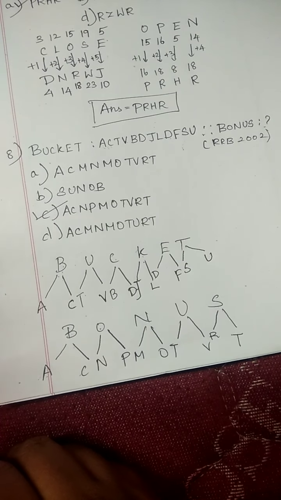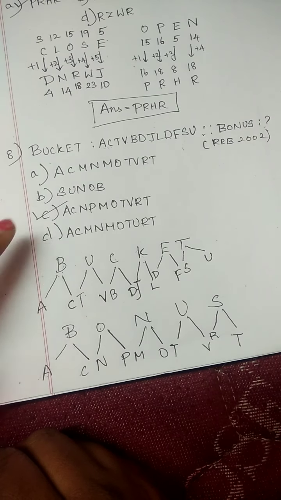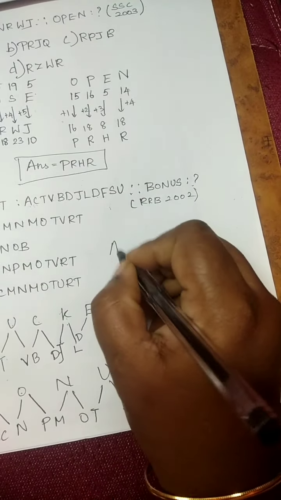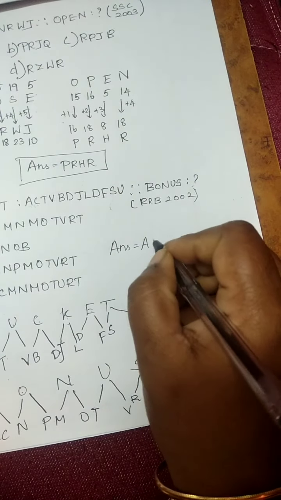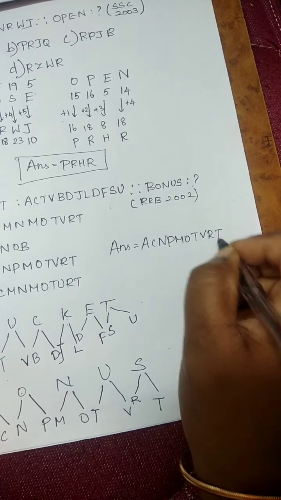Just a comparison to find the clue, then you can easily find the answer. So option C is the right answer: A, C, N, P, M, O, T, V or T.